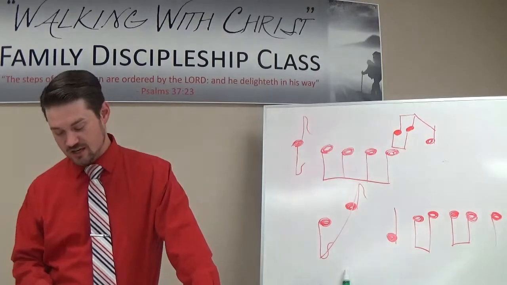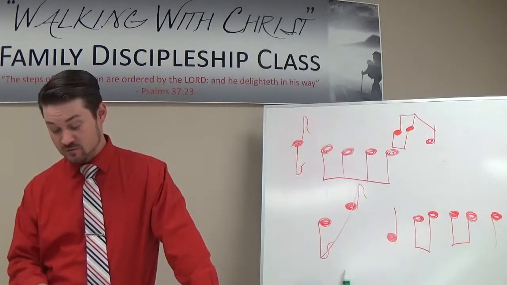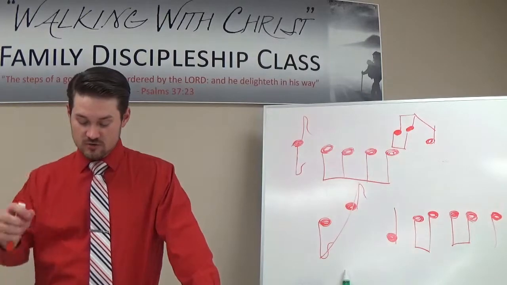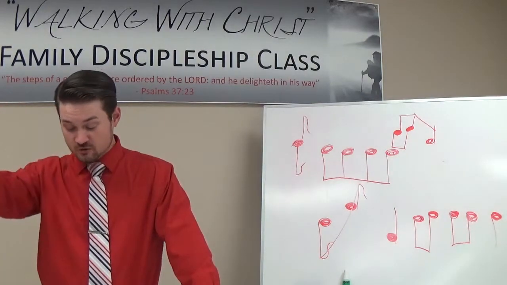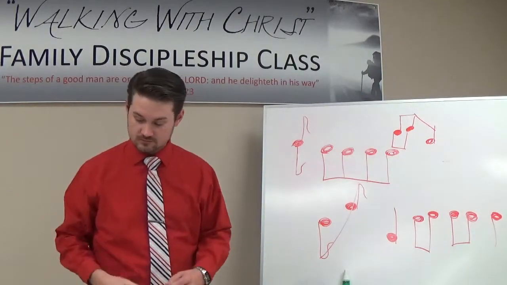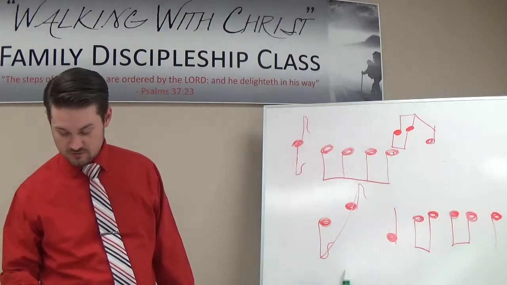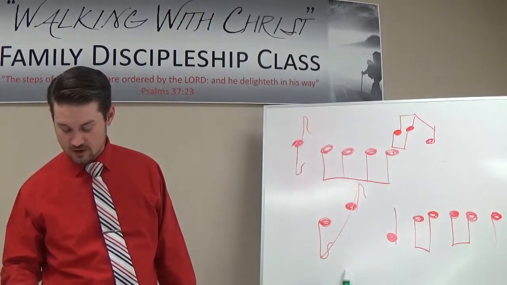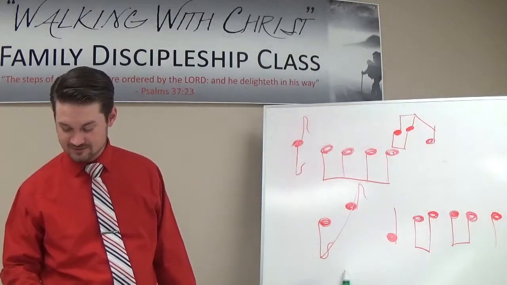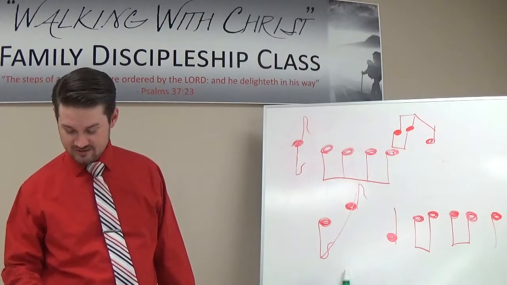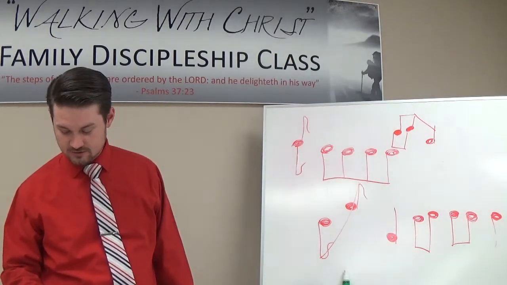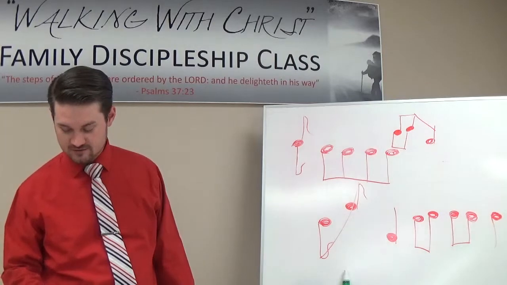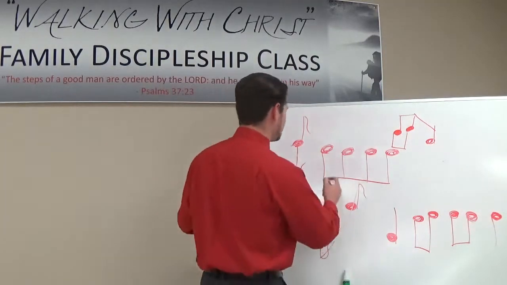Then the next note is and, then the next one would be 2. So the first 2 eighth notes that you see would be connected. And then the next 2 would be connected. No? No. The middle 2 would be connected. That's right. The middle 2 would be connected because that's 2 and. Okay, you get it? Watch this.